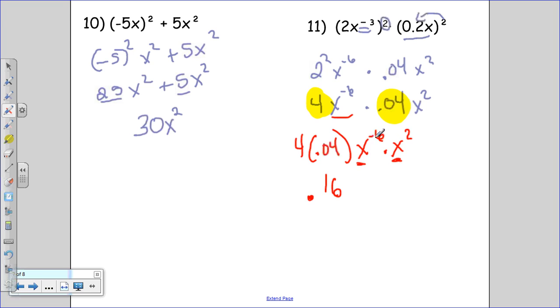So I have x to the negative 4. So this looks pretty good except for that negative exponent, and we always want to get rid of that. So that means that x is going to have to go to the bottom. So I've got 0.16 over x to the 4th. And that is it.